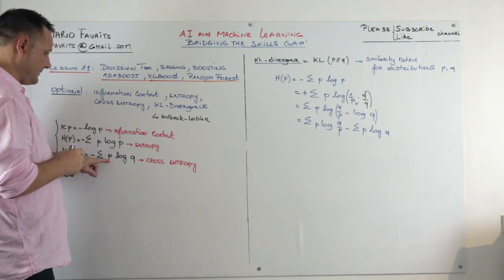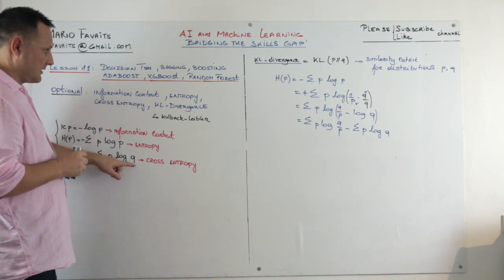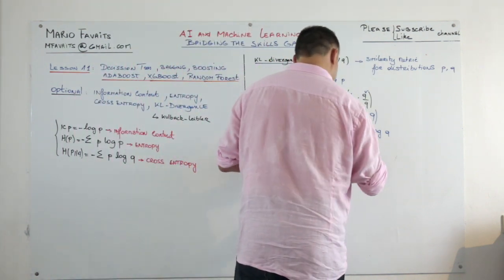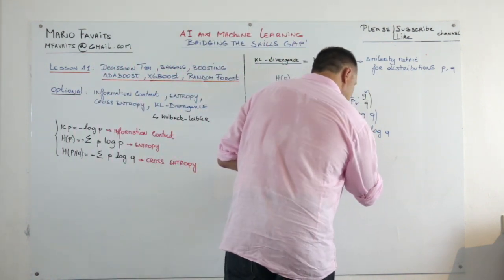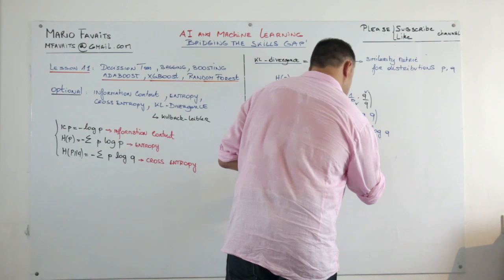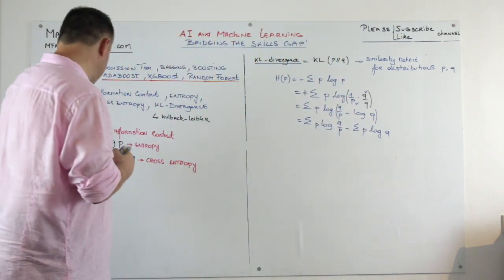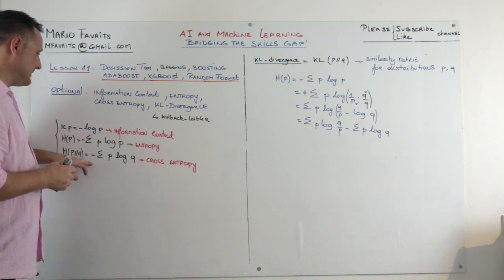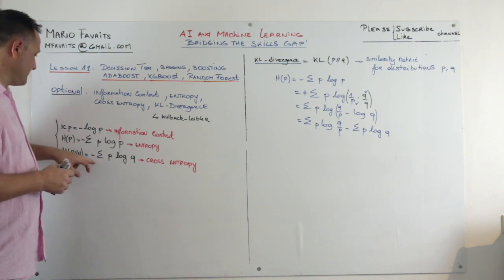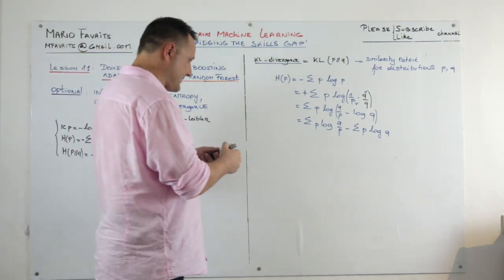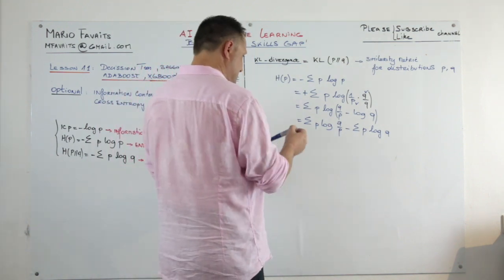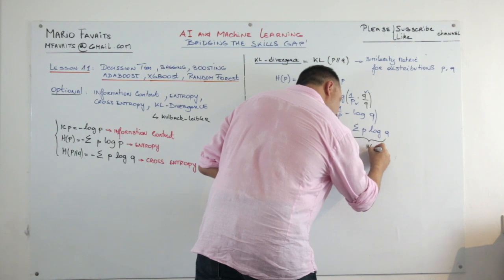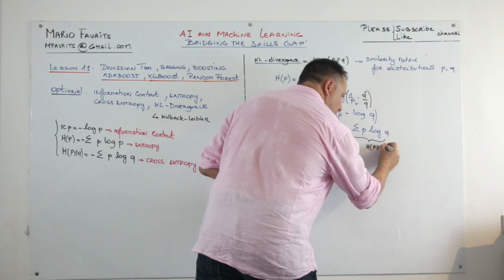Minus the sum P log Q. Okay? So this is KL divergence. Sorry, no, it's this one. Now this is the formula for cross entropy. So this is cross entropy of P and Q.